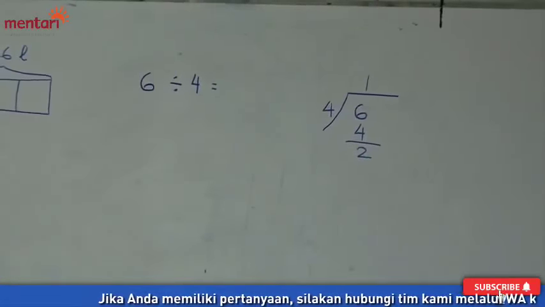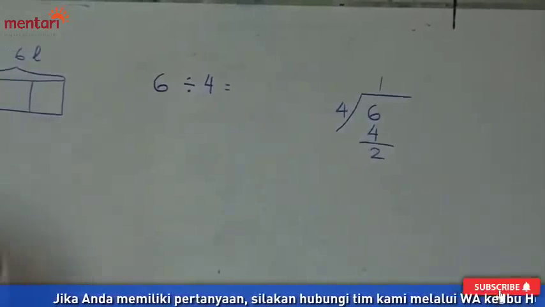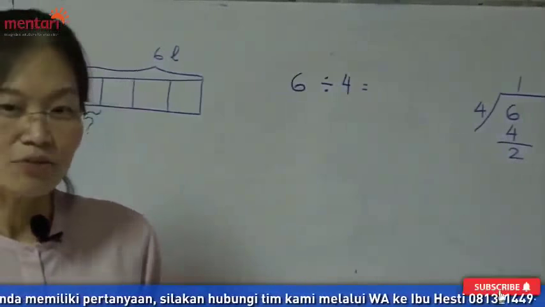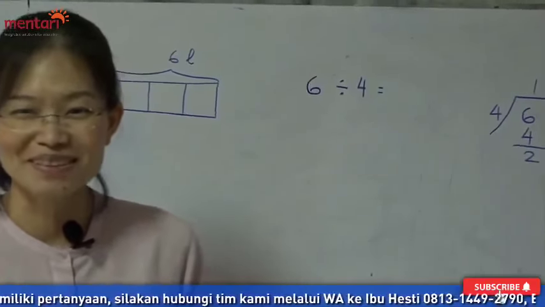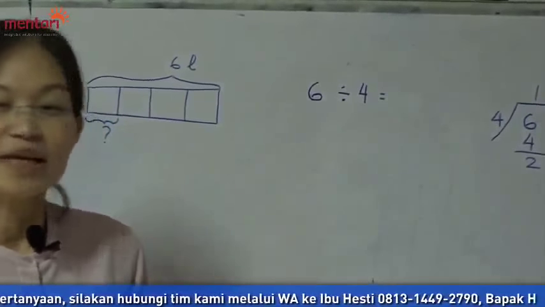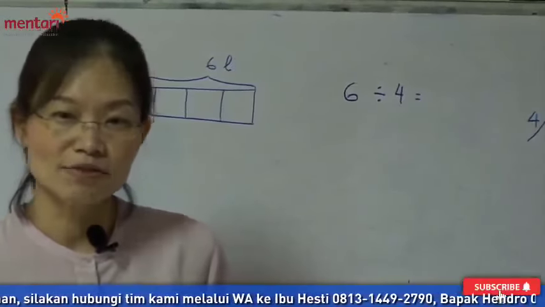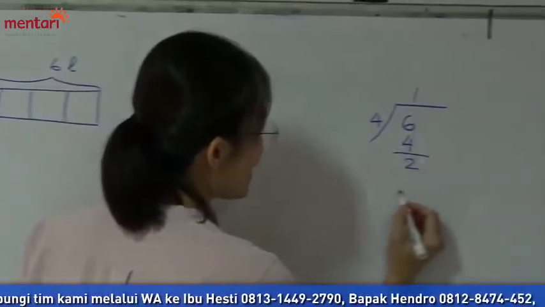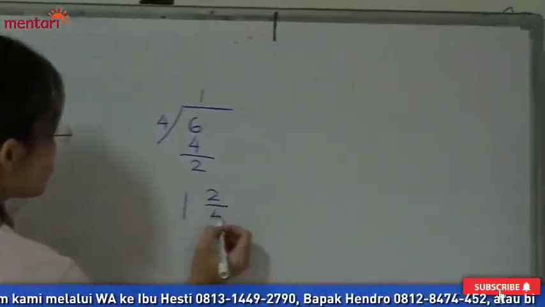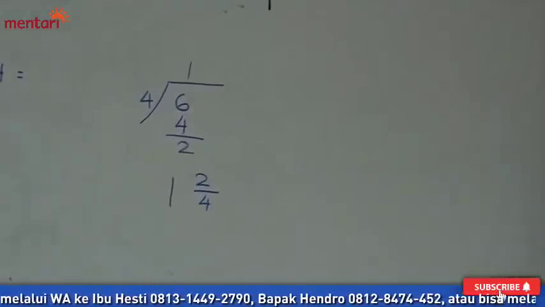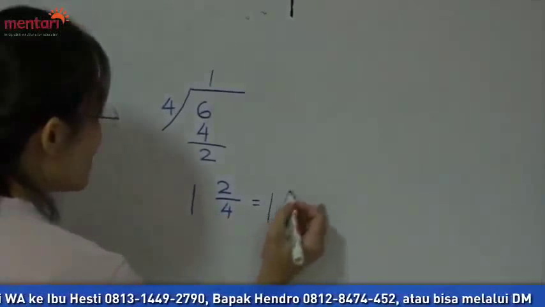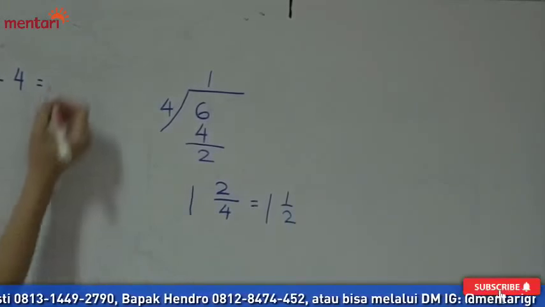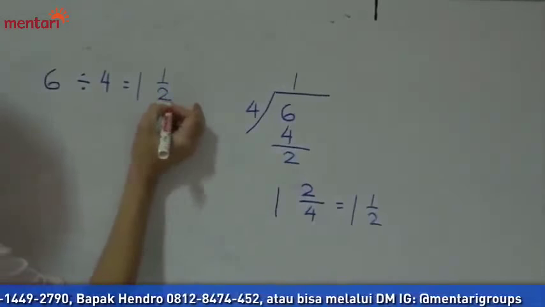Now, to express the amount of water, we are not saying 1, remainder 2, because we are not counting 1 water, 2 water, 3 water. We can express the result of this division in a mixed number. That means we write it as 1 and 2 quarters. And if we simplify, it will be 1.5. So therefore, 6 divided by 4 is 1.5.